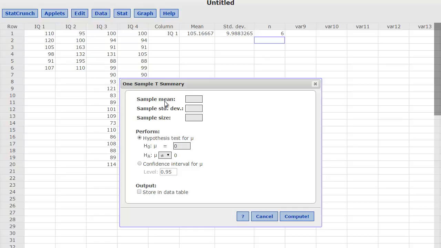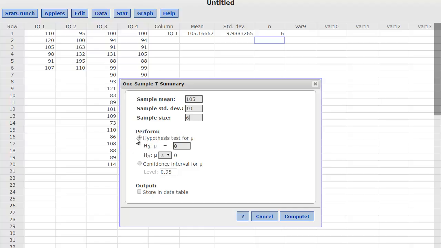You'll see it's going to ask for mean, standard deviation, and sample size. So I'm going to type in 105 as my mean score because the scores are always integer values for the WISC. The standard deviation that I'm going to put in is 10, again rounding to the nearest whole integer, and my sample size is 6.